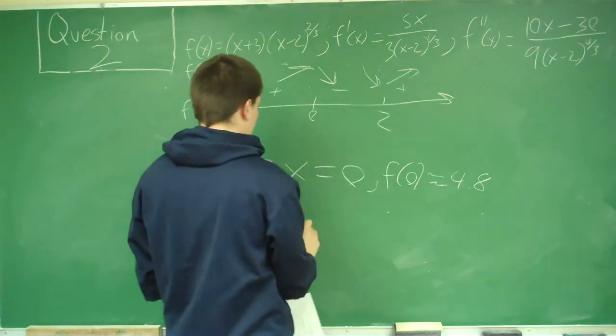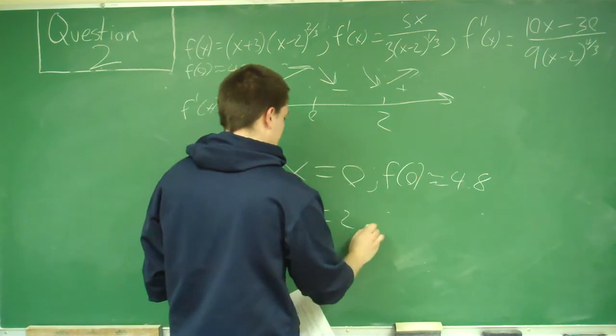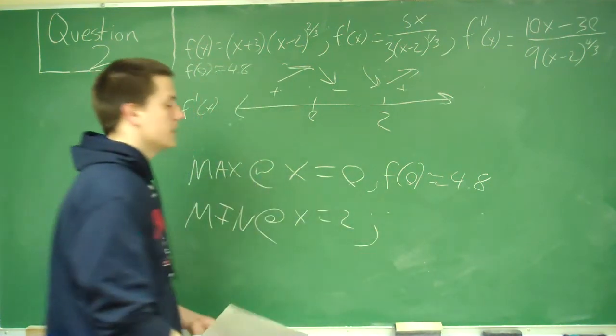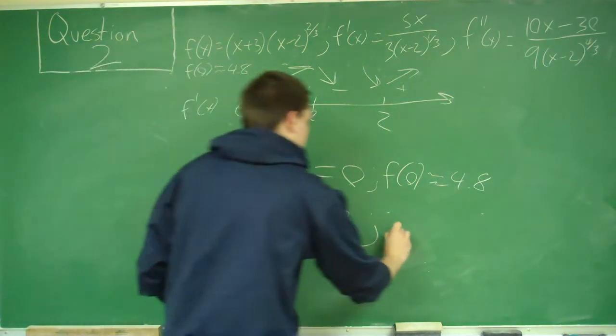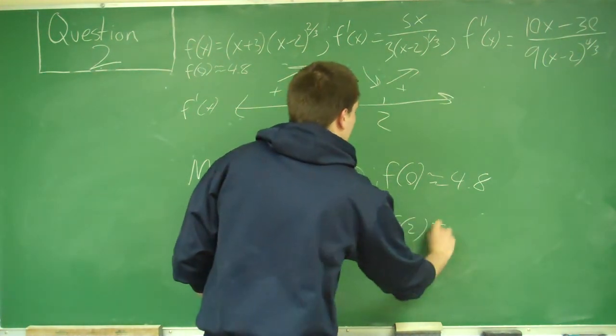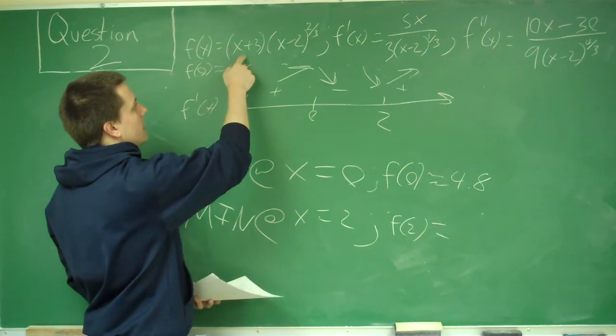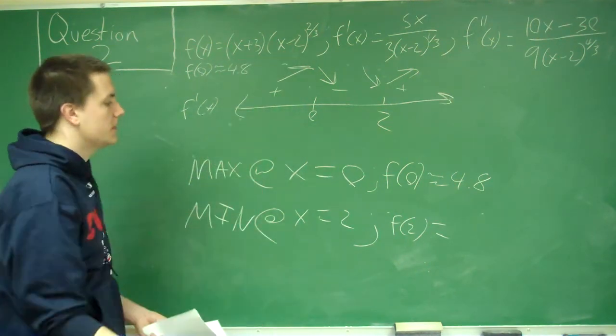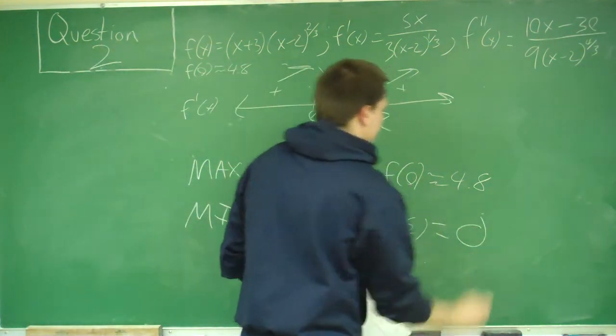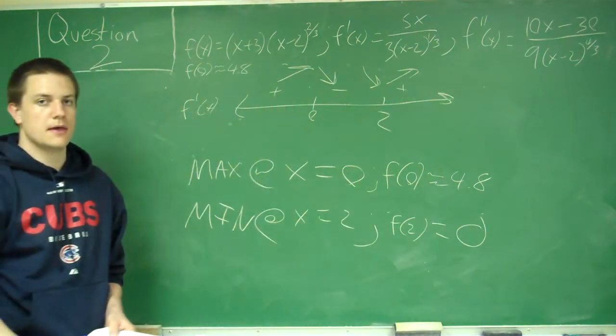We're going down and then up. Alright, and then they also want to know the value there, so we're going to find f of 2. So you just plug 2 back into f. Well, this is going to become 5. This is going to become 0, so the whole thing becomes 0. So that's where we have a max and a min.